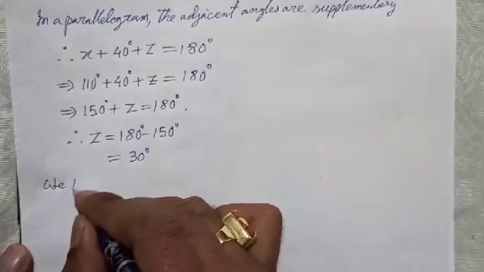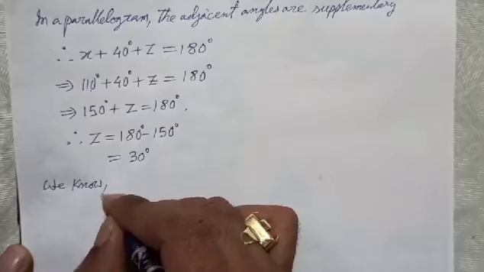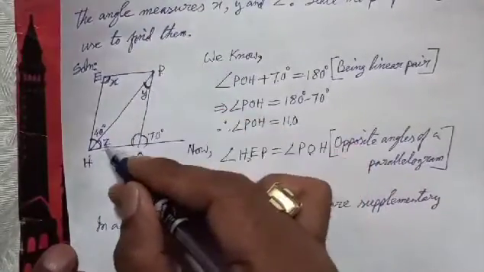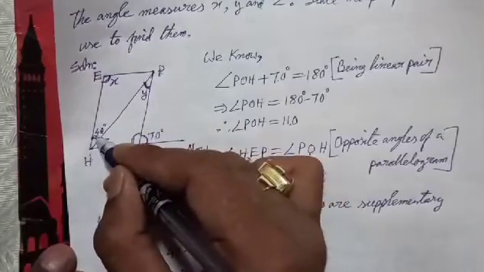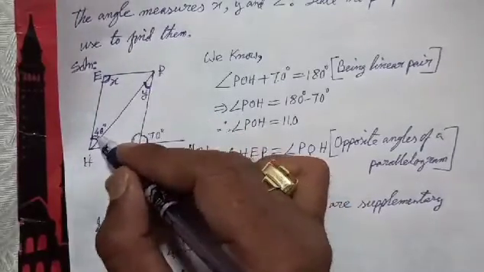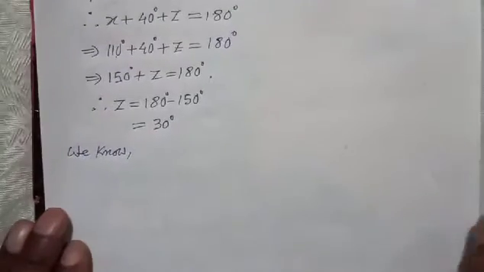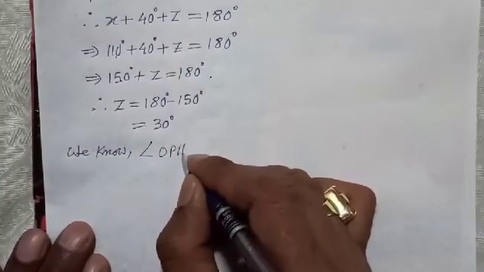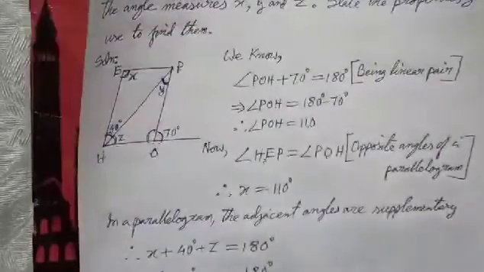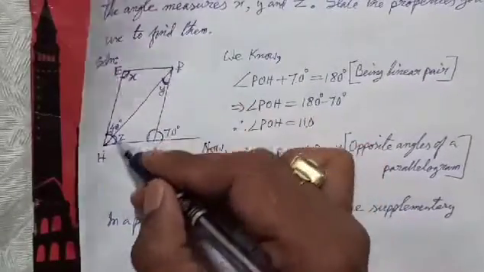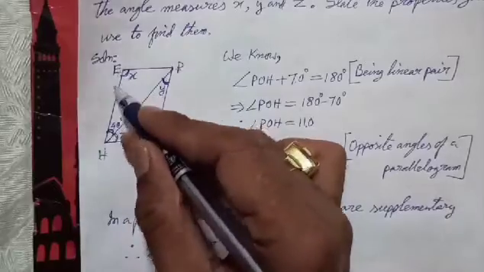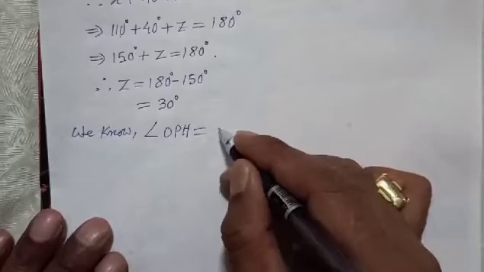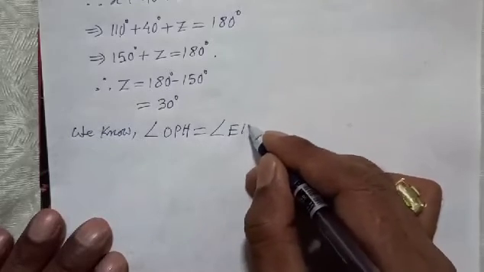We know here this angle and this 40 degree, these two are alternate angles, so these two angles must be equal. We know angle OPH, this angle is OPH and this angle is EHP, is equal to angle EHP.